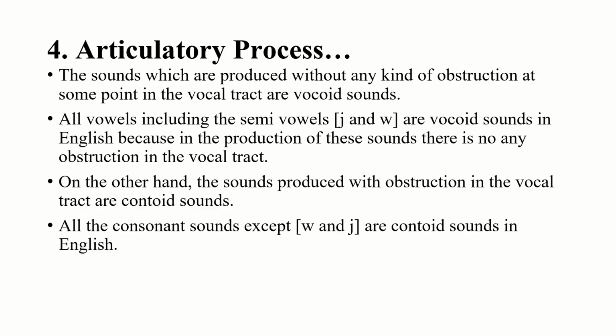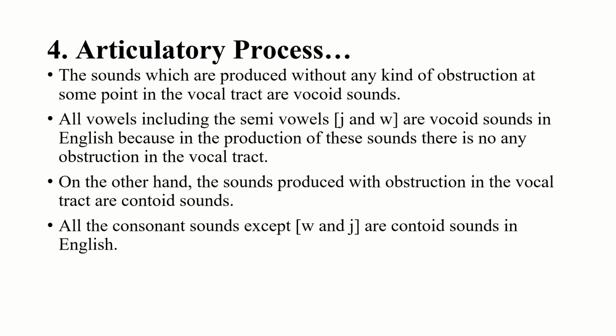Talking about the English language, all vowels are vocoid, and ya, wa, the semi-vowel consonants, are also vocoid sounds. Why? Because in the production of these sounds, there is no obstruction in the oral cavity.